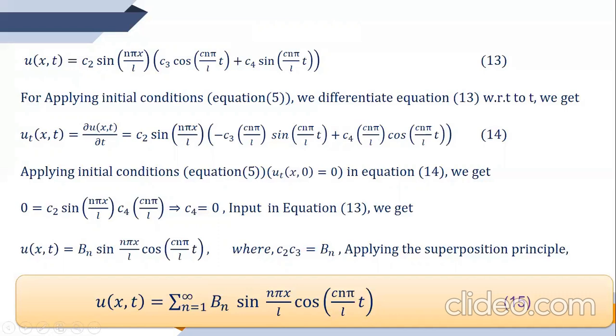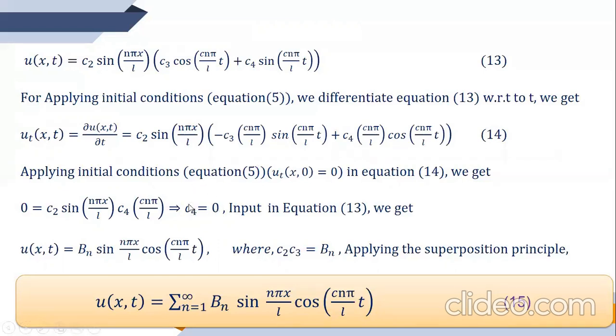In equation 14, we apply the initial condition u_t(x,0) is equal to 0. We get 0 is equal to c2 sin n pi x by L into c4 c n pi by L, and that implies c4 is 0.